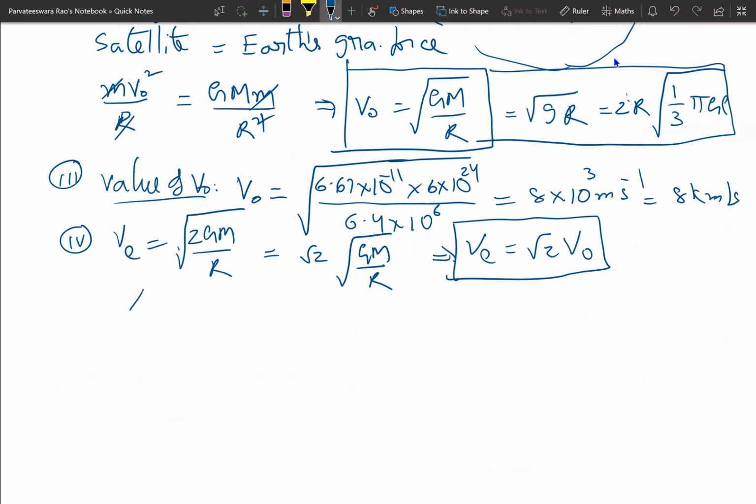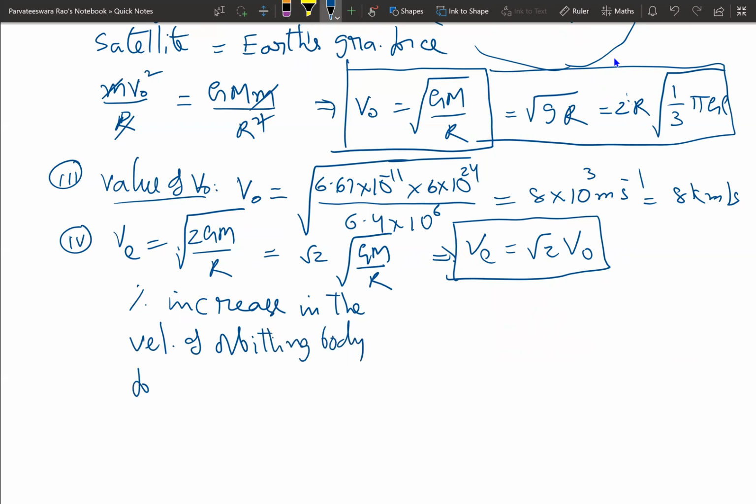Therefore, the percentage increase in the velocity of orbiting body for escaping it is delta V by V naught into 100.